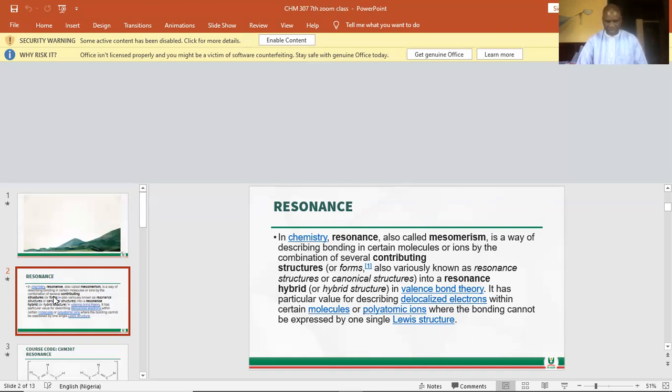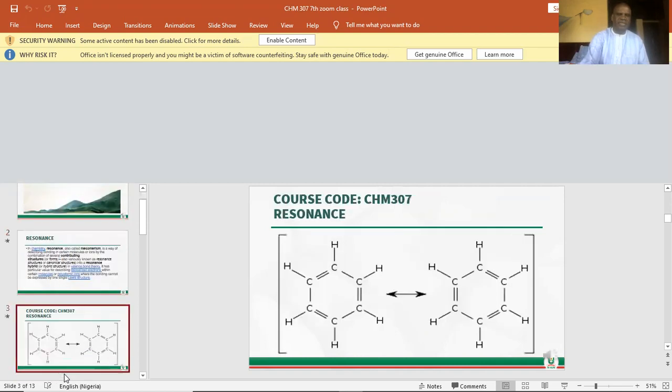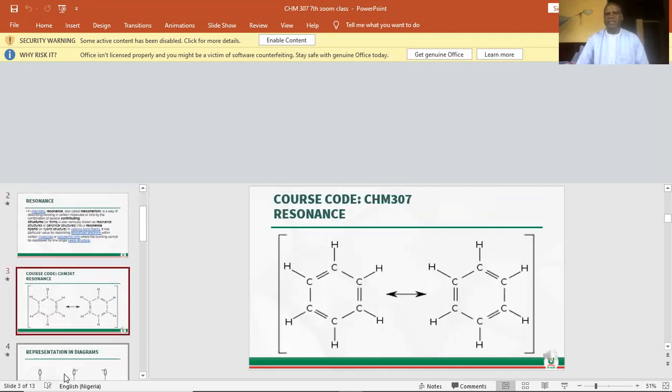Resonance instead considers such molecules to be an intermediate, or an average, called a hybrid, between several Lewis structures that differ mostly in the placement of the valence electrons. A typical example is the benzene structure, which you have before you in the third slide.